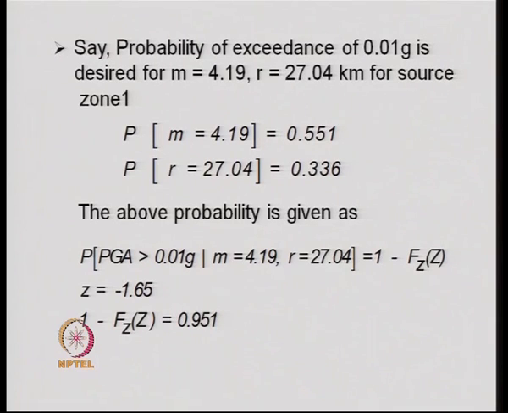So, what we do is that for the probability of exceedance of 0.01 g, for a magnitude of earthquake of 4.19 and an epicentral distance of 27.04, for source zone 1, can be calculated from the histograms that I have shown.